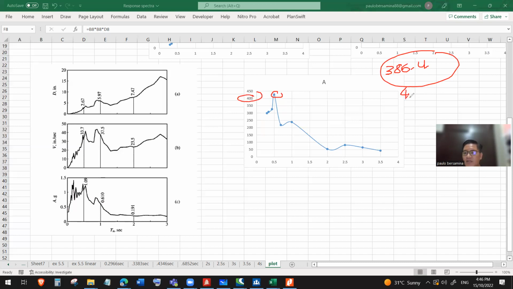Ito, 400 plus. So that's more than 1G. Okay? Which is consistent with this. Okay? And so our 0.5 second is here, 1.09. Okay? 0.5 seconds. So pumalo talaga more than 1G siya.